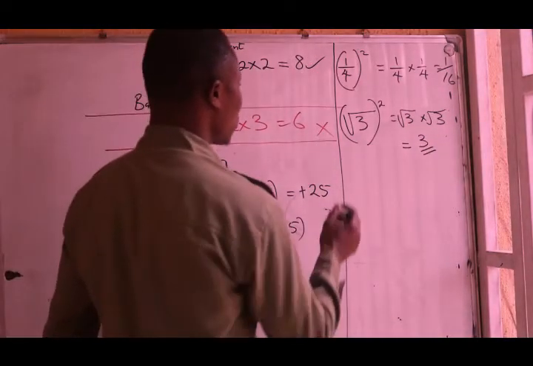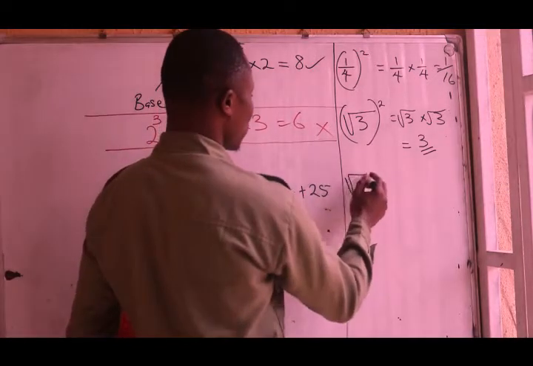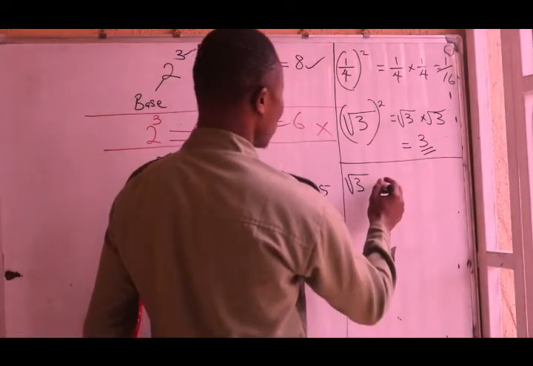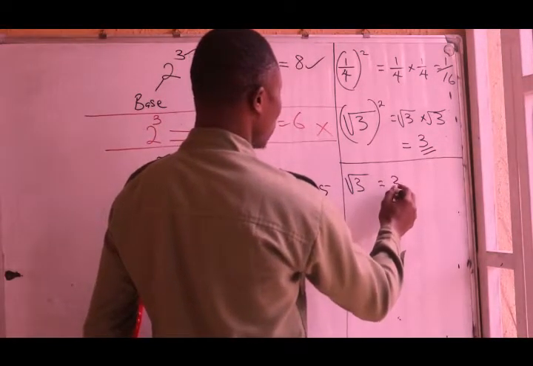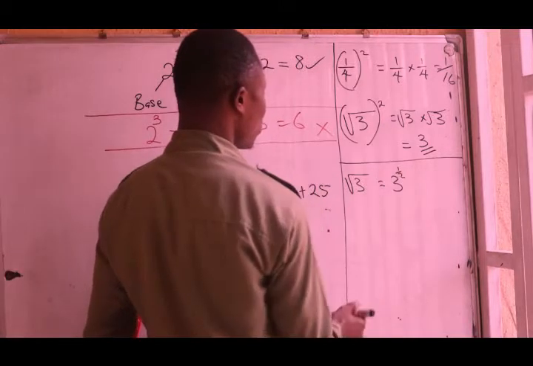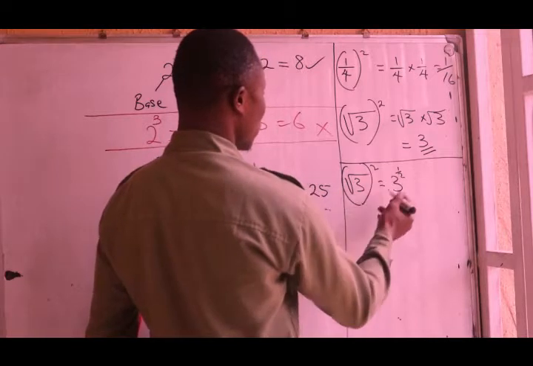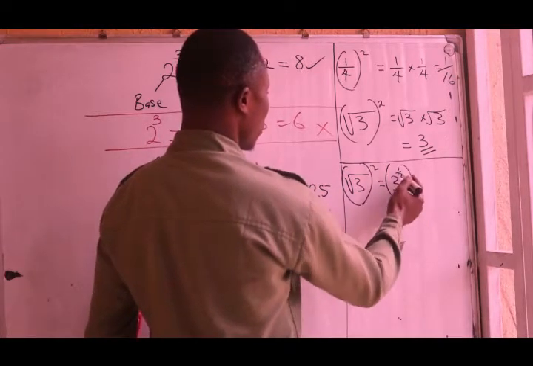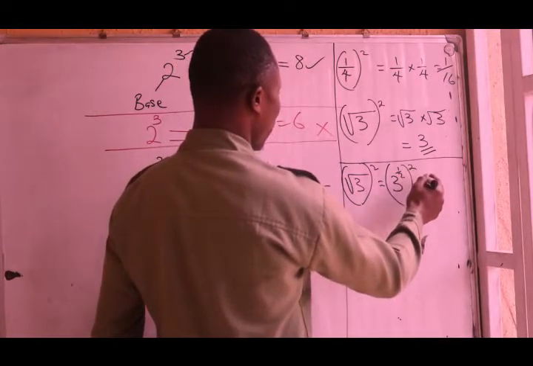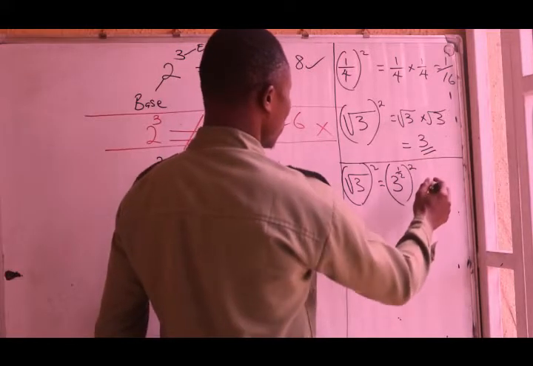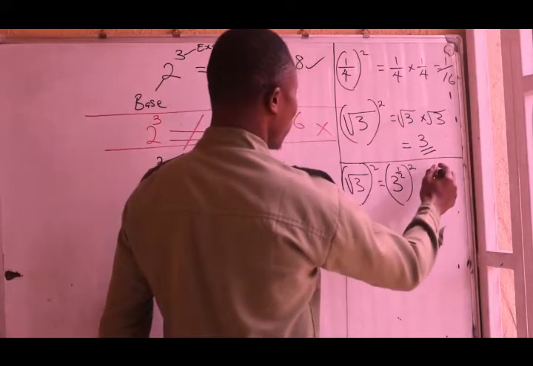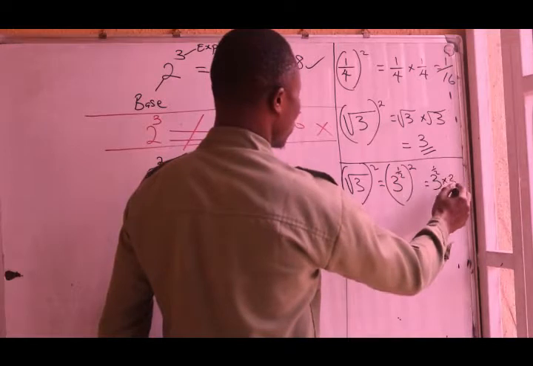You can check it out. Root 3 means 3 raised to the power of half. So root 3 squared is 3 raised to the power of half, raised to the power of 2. This is 3 raised to the power of half times 3 raised to the power of half.